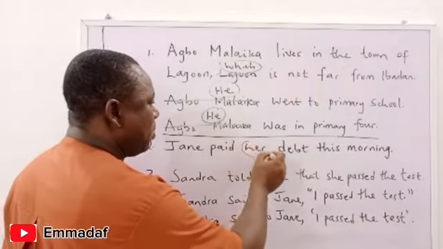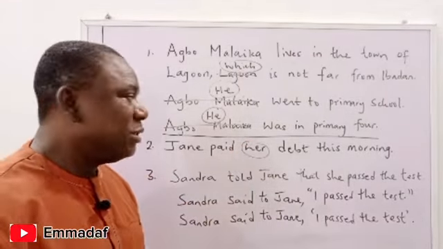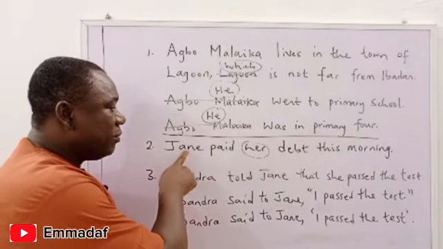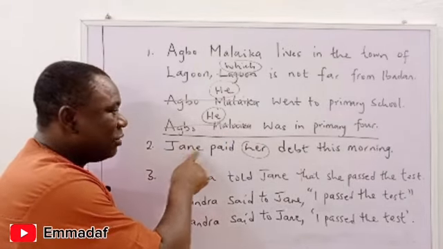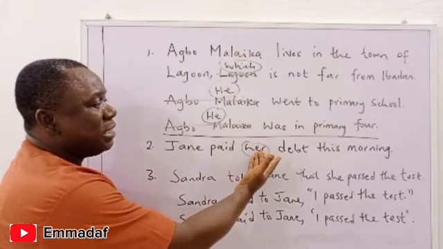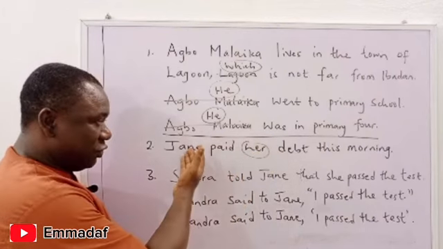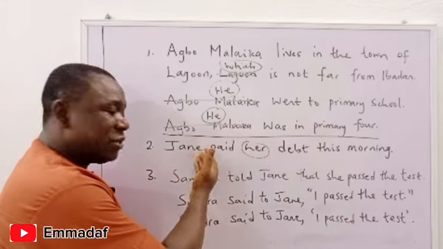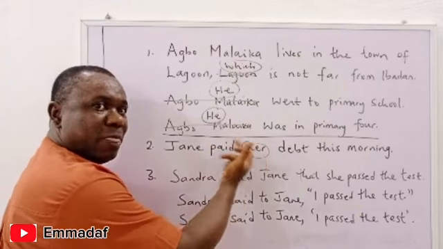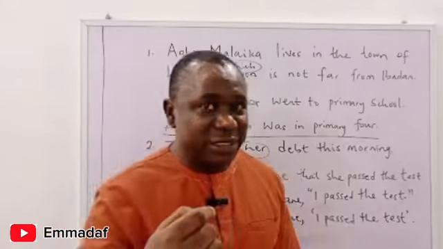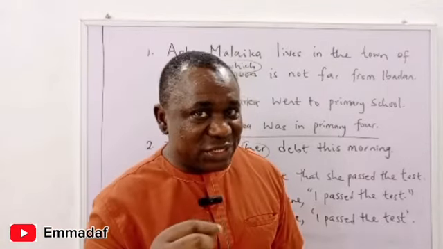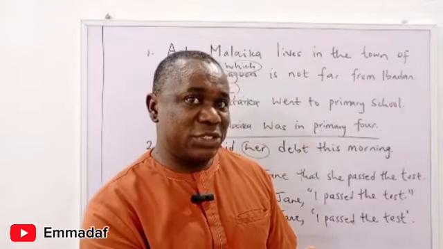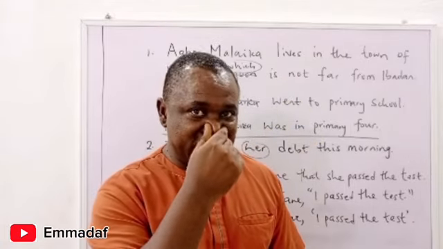This is a pronoun and it is referring to Jane. So we say Jane is the antecedent of this pronoun. What is the antecedent of this pronoun? It is Jane. Jane is the antecedent of this pronoun because it is the noun to which this pronoun is referring. So let me repeat that the antecedent of a pronoun is the noun to which the pronoun is referring.